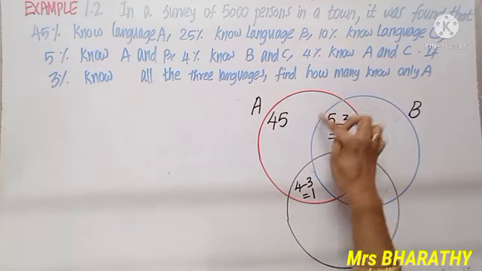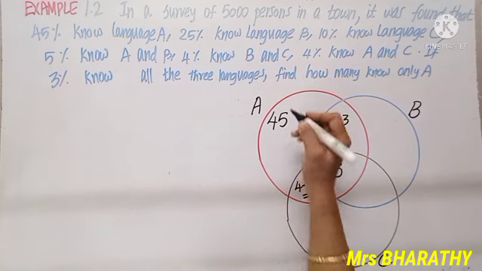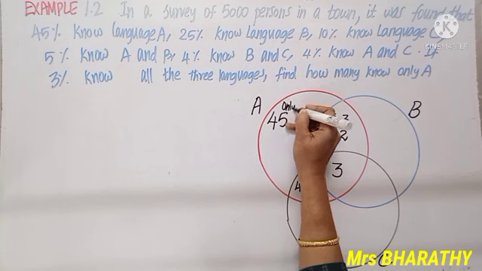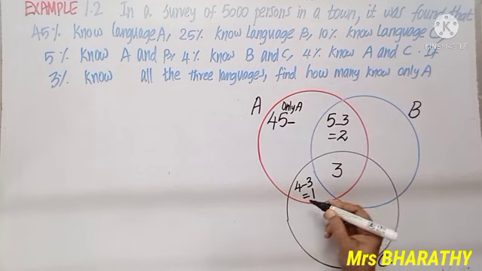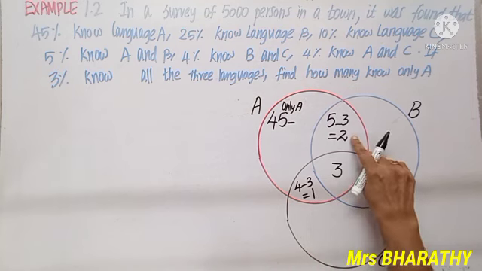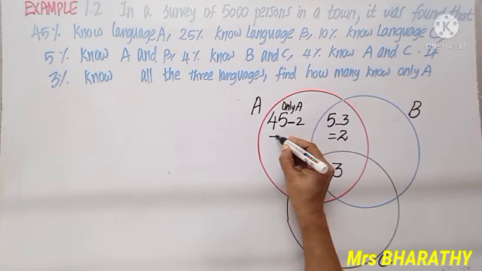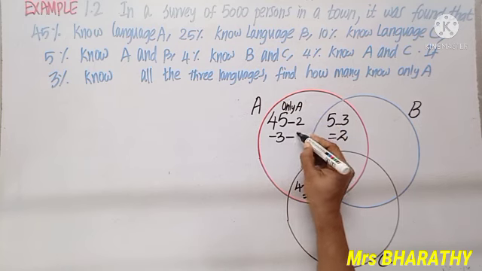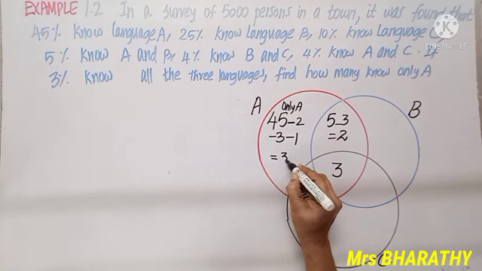So this portion tells only A. So if I want only A, let me subtract the common portions. So which are all common? 2, 3, 1. So let me subtract 2, subtract 3 and subtract 1. So my answer is 39.